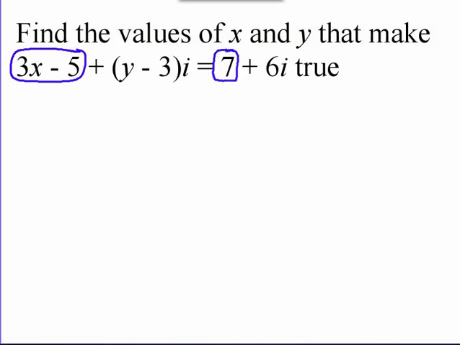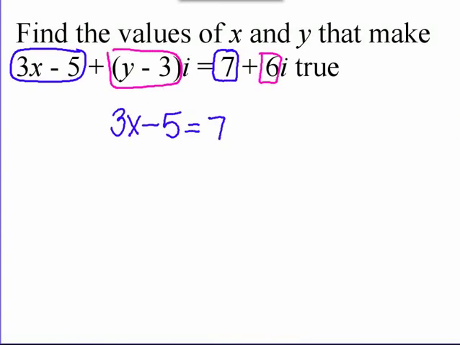Okay, what's my imaginary part over here? y minus 3. What's my imaginary part over here? 6. So really, what we're saying is that 3x minus 5 equals 7. Somebody else tell me what we're saying.